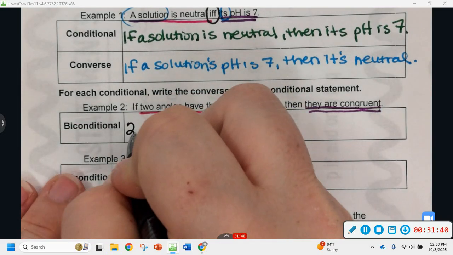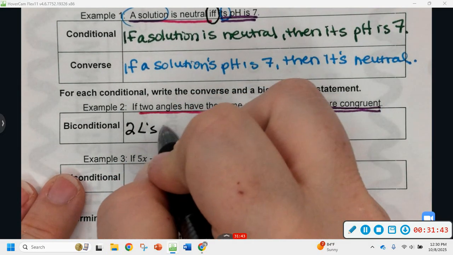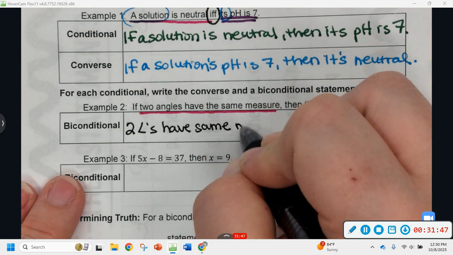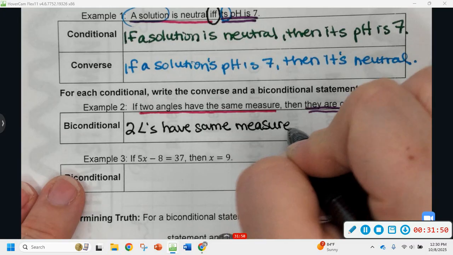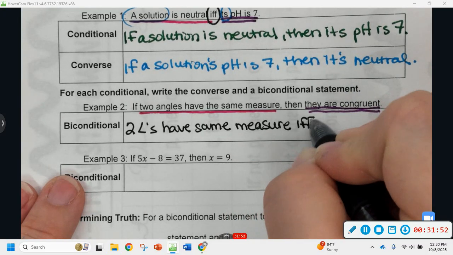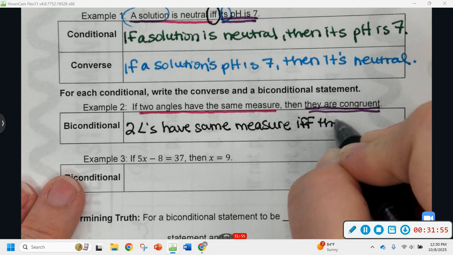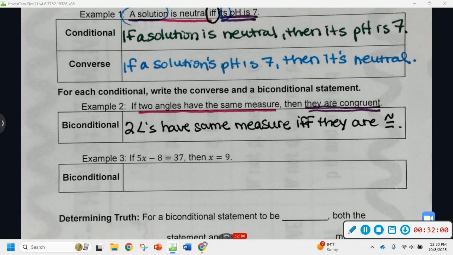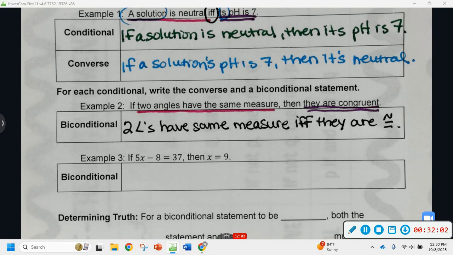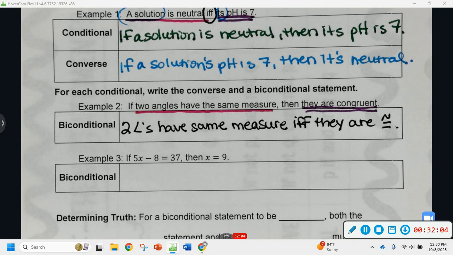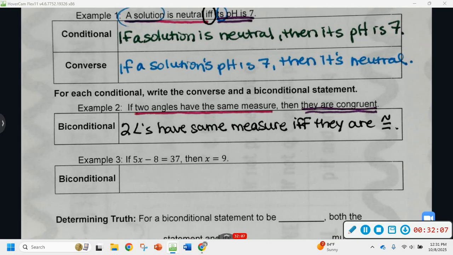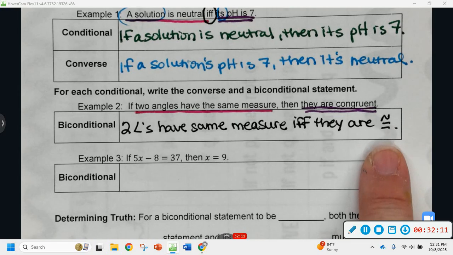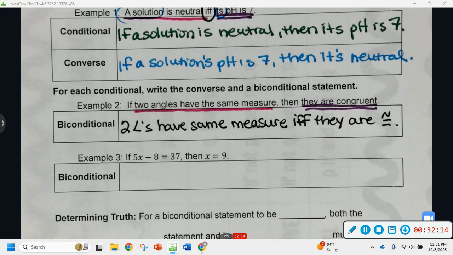So two angles have the same measure if and only if they are congruent. Now, if it's a math type sentence, then I will allow you to kind of substitute some of those symbols out that we normally use. So I will let you do that.